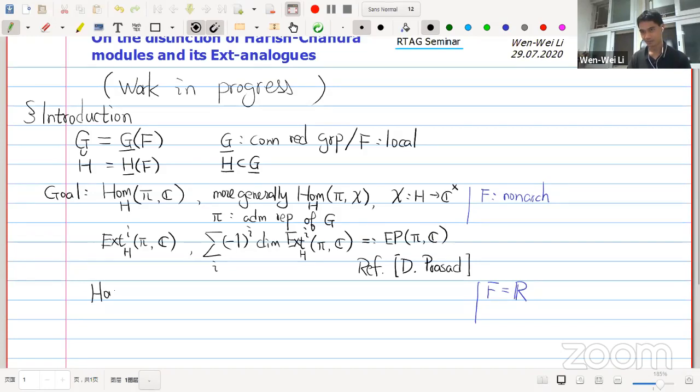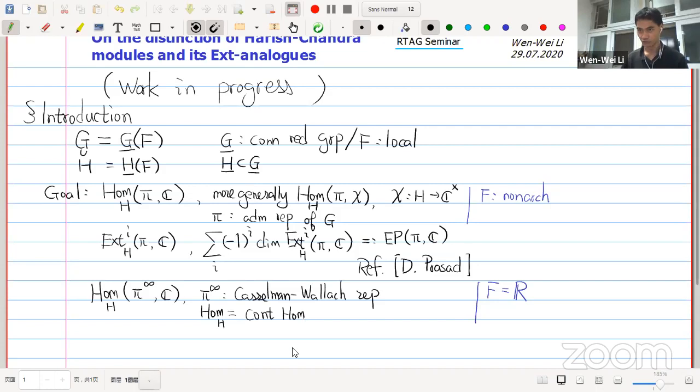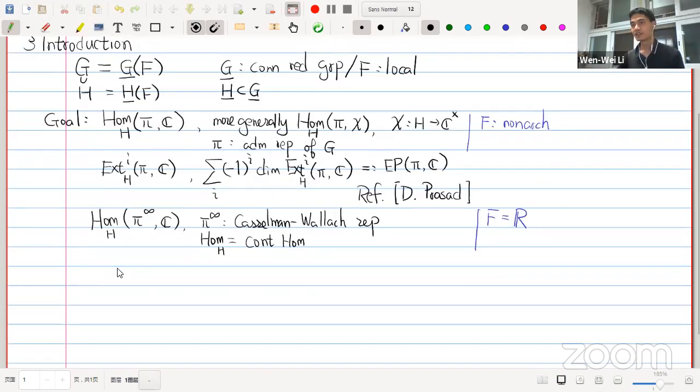You can either consider something like this: Hom_H(pi^infinity, C), where pi^infinity is a so-called Casselman-Wallach representation of G, and here Hom is the continuous Hom over H. Let's call this candidate 1.